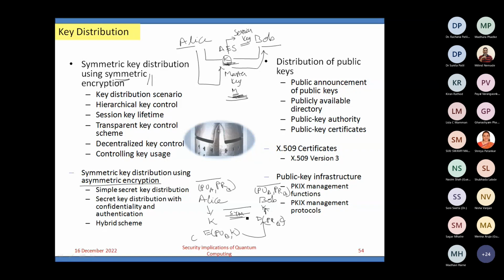Remember, in most practical applications, the symmetric key distribution using asymmetric encryption is the one that is getting implemented. The reason is that asymmetric encryption is generally not used for plain text communication. Asymmetric encryption is used for the purpose of symmetric key sharing. Why is it so? First of all, asymmetric key encryption itself is computationally challenging. What is the computationally challenging aspect of asymmetric?